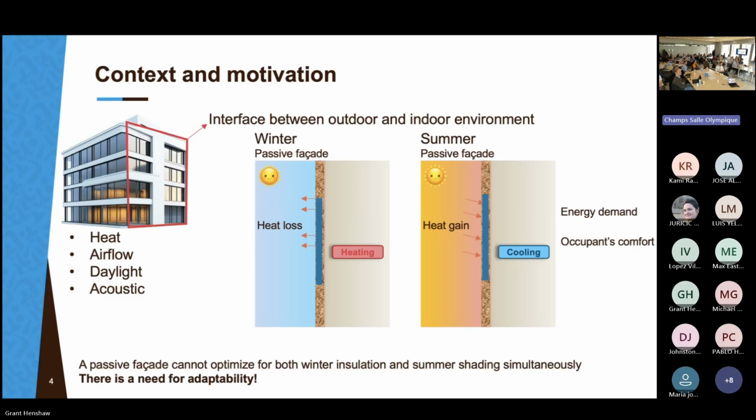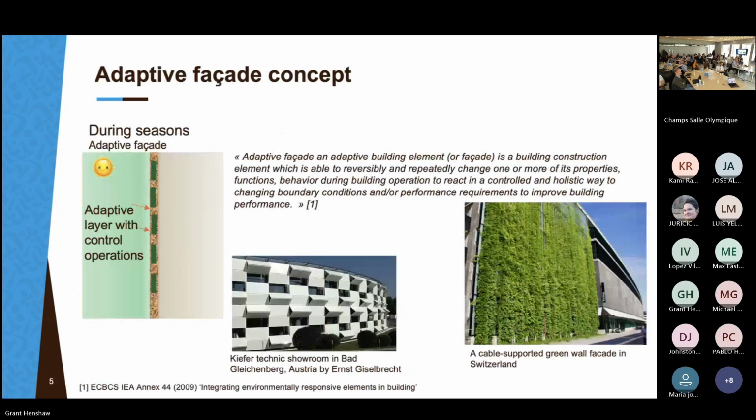So one concept that can be a potential solution for such a case is the adaptive facade concept. An adaptive facade is defined as a facade where the properties are dynamic and it can adapt to the climate variations. And also we could have control operations that are involved.